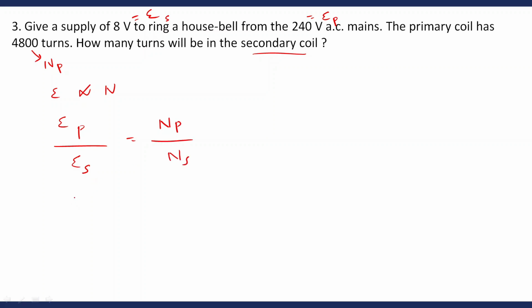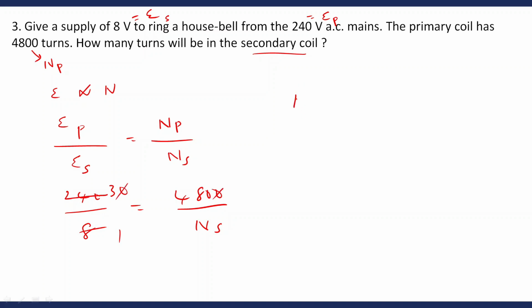Epsilon p 240, epsilon s 8, number of turns in the primary coil 4800 by Ns. Okay, I will use the 8 table here. 8 ones are 8, 8 threes are 24, 0 0 on both sides will get cancelled.